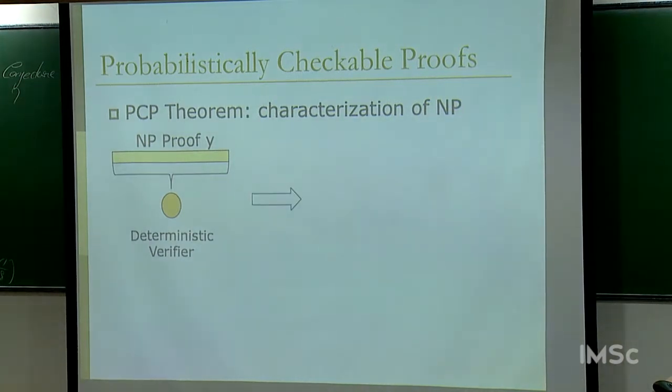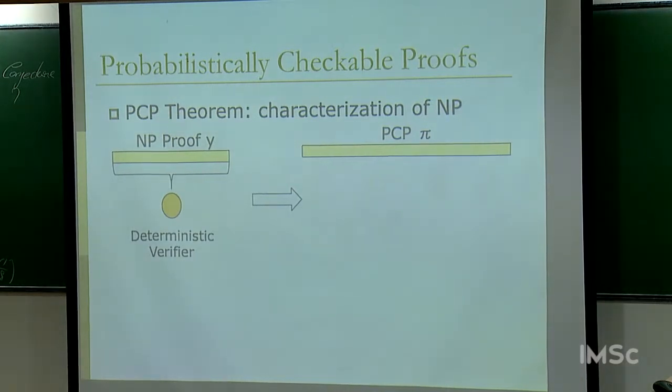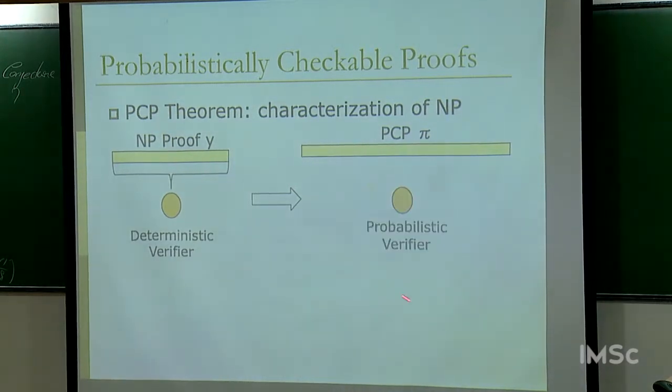PCP says that any such proof can be rewritten in a possibly slightly longer format, such that now, instead of a deterministic verifier, we have a probabilistic verifier which probes this proof not in its entire length, but at a very few locations. So it's a very local verifier. I marked it as contiguous, but this need not be a contiguous location.